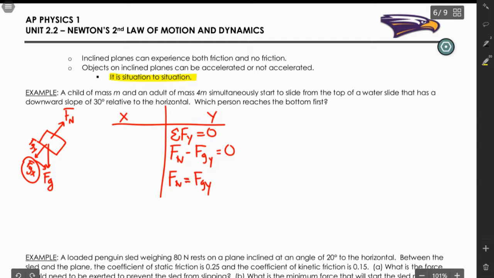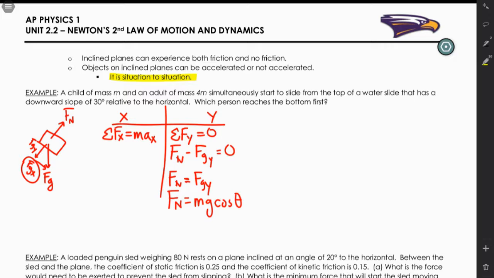Don't classify this as part of the 10% because technically we are still equaling this to the weight. So the 3 mg cosine theta will be our normal force. Then we're going to do the sum of the forces in the x direction. What we're really going to try to find is the acceleration, which is what's going to tell us who's going to go down first.